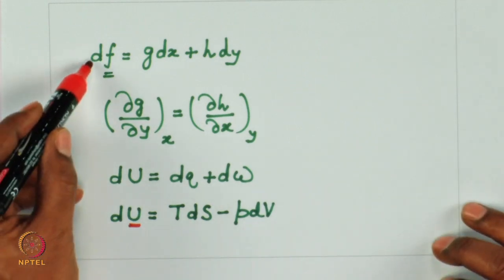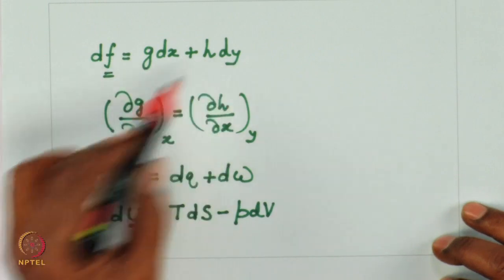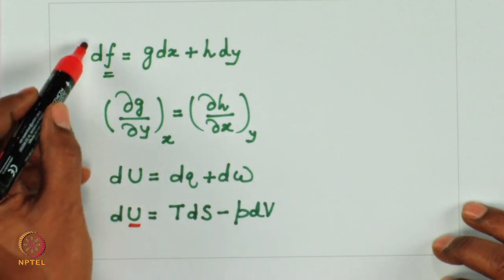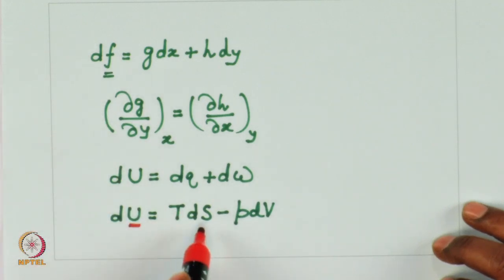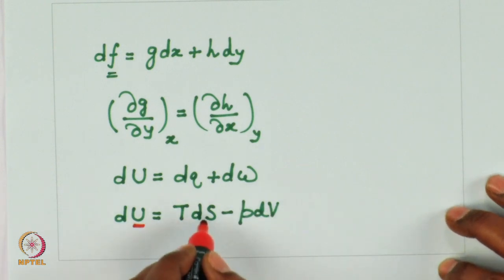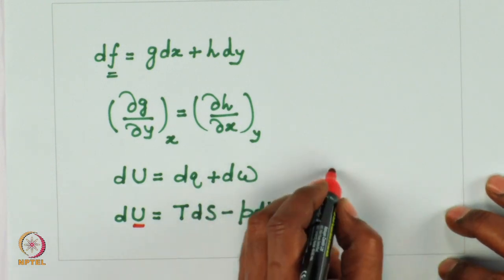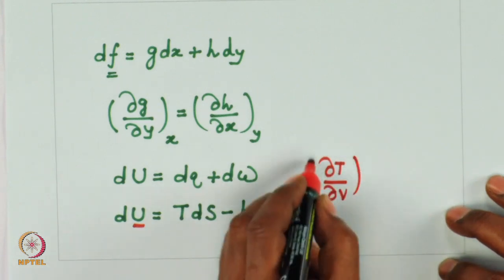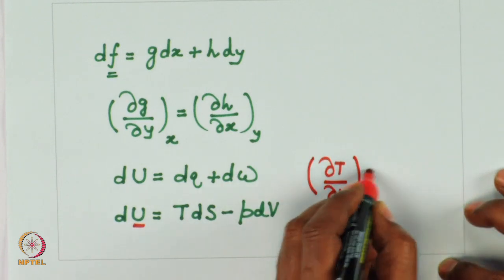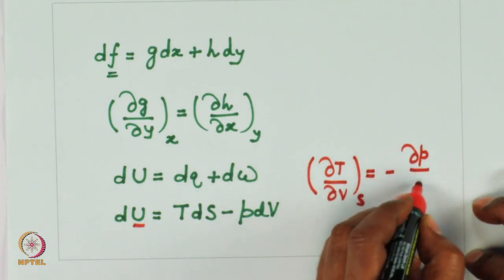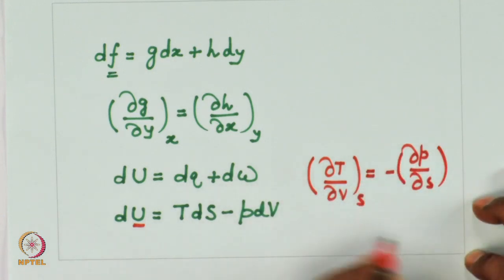So, I will make use of this fact that df is equal to g dx plus h dy is exact if such a relation holds. Because U is a state property, dU is an exact differential. Therefore, from this I can write dou T by dou V at constant S is equal to minus dou P by dou S at constant V.